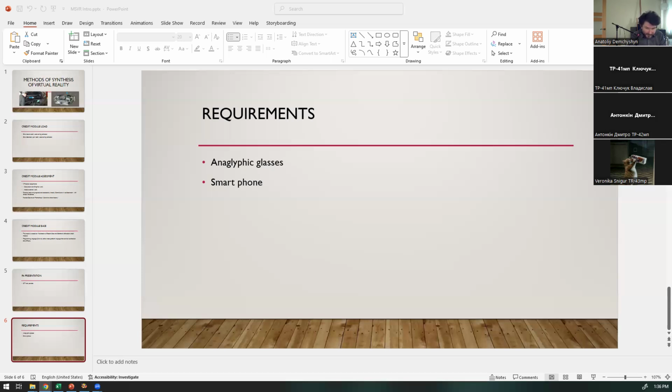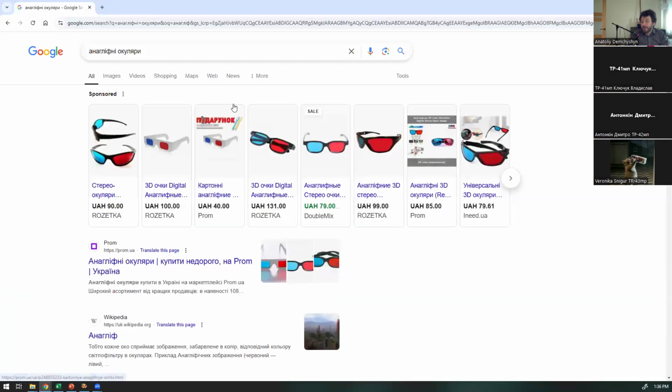Let's try finding them, and let's see what kind of prices anaglyph glasses have this year. Anaglyphic glasses. Let's see. Yeah, the prices have been climbing. 85 on Prom.